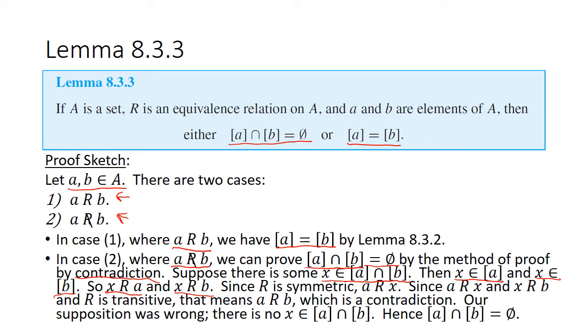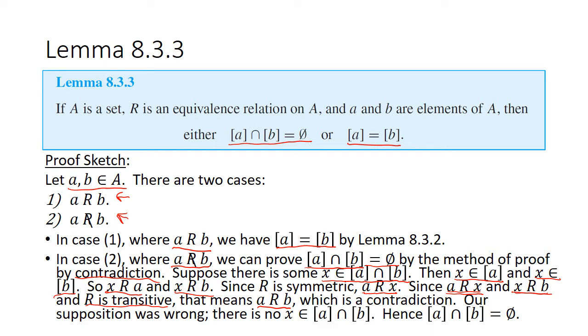Since R is symmetric, we could swap the first one around and say that A is related to X. Then, since A is related to X and X is related to B and R is transitive, we can say that A is related to B. That's using these two and the transitive property.